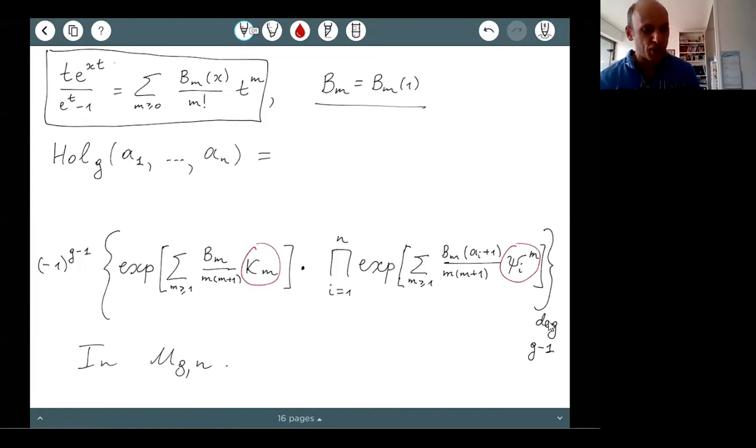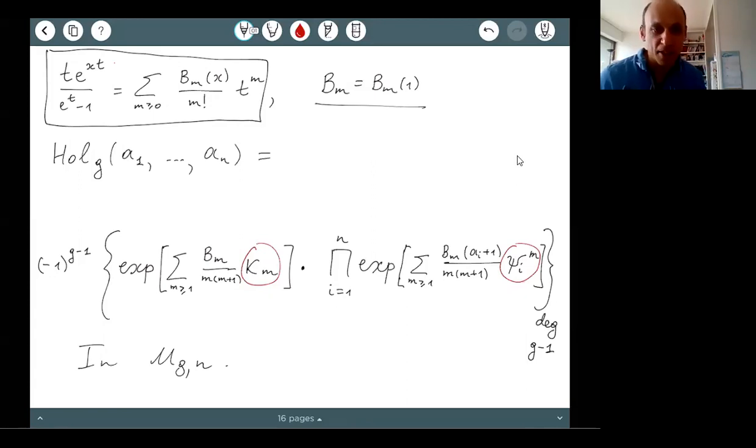And the coefficients are Bernoulli numbers for the kappa classes and values of the Bernoulli polynomials at ai plus 1 for the psi classes. So for those who know Mumford's formula for the lambda classes, it is very similar to this formula. And the reason is that it's a very similar computation with the Grothendieck-Riemann-Roch formula. Okay, so this is a beautiful answer, slightly complicated.